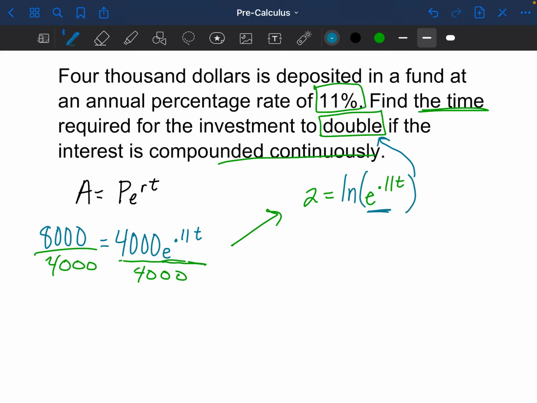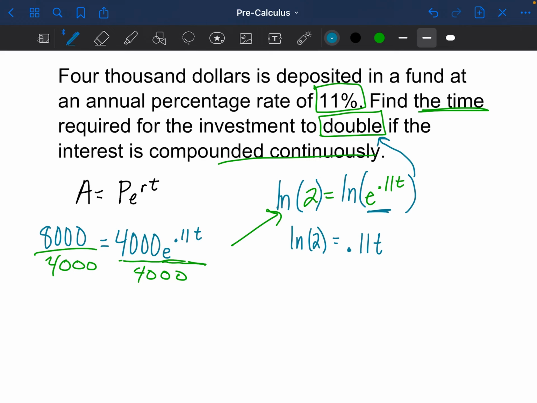Just like multiplication has division, addition has subtraction, exponential has our log. Whatever we do to one side, we have to do to the other. This isn't multiplication, this is just us plugging in what's happening in the function. The ln and e are inverse operations, so that means that 0.11 is going to be dropped down. And then ln of 2, we could do that in our calculator, get a really long decimal, we're just going to leave it for now.